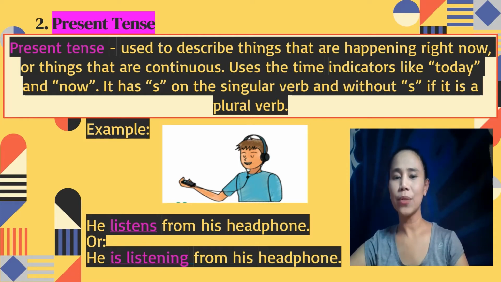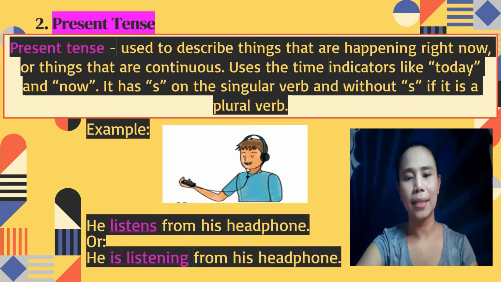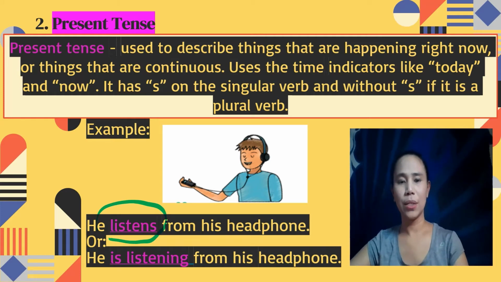First, he listens from his headphone. So notice the verb listens. Alright? So it has an S. So from the base form, which is listen, we added S because it is in the singular form. So we know that it is in the present tense when it is in the base form without S, or it has an S, which is a singular form.